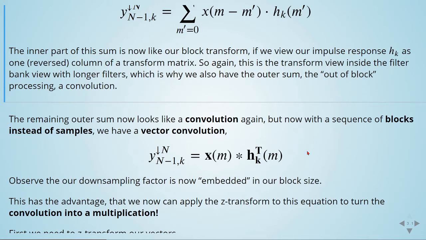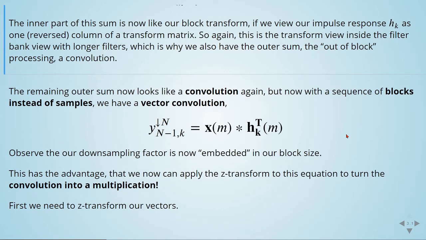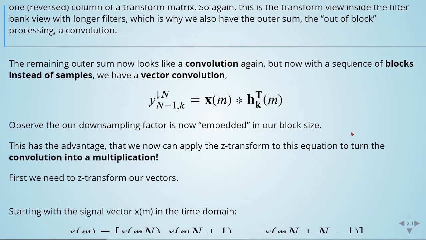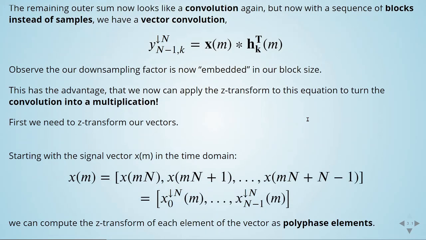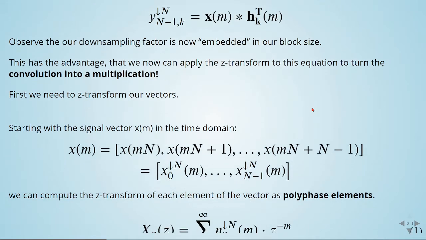Observe that our downsampling factor is now embedded in our block size. This has the advantage that we can now apply the z-transform to this equation to turn the convolution into a multiplication. First, we need to z-transform our vectors.